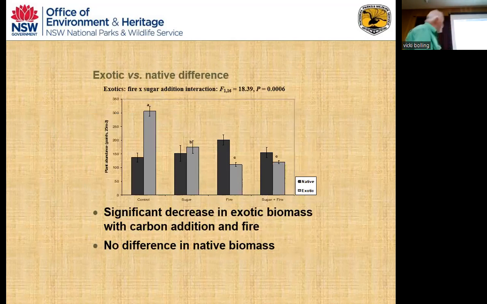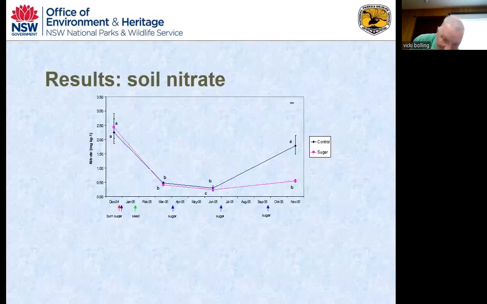And so see, this was significant. So you can see that's the control. That's the one with sugar. That's the one with fire, but sugar and fire. So fire helps in knocking out the exotics, but sugar and fire also knocked out the exotics really well.